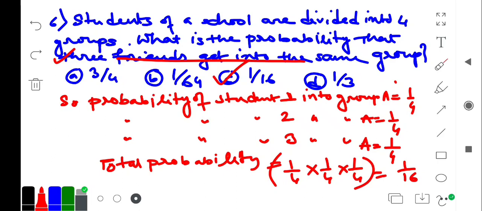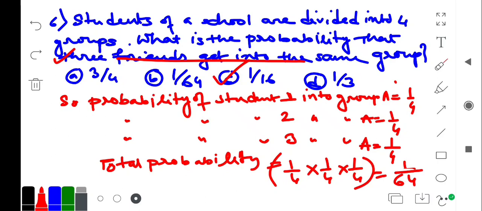So the total probability that the 3 friends get into the same group, first, second, third, is equal to 1 by 4 into 1 by 4 into 1 by 4, that is overall 1 by 4 into 4 into 4. Okay, this is 64. Okay, there is a mistake. And the probability of 3 friends in any one of these 4 groups.